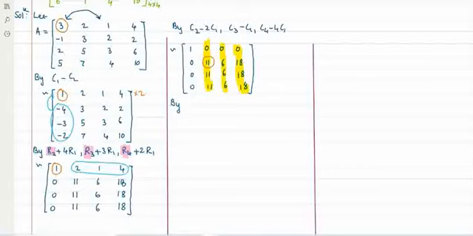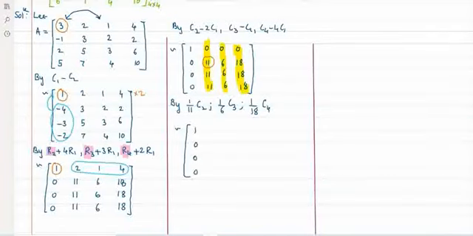So here, 1 upon 11 multiplied by C2, 1 upon 6 multiplied by C3, 1 upon 18 multiplied by C4. So the new matrix, column transformation again: 1, 0, 0, 0, 0, 1, 1, 1, 0, 1, 1, 1, 0, 1, 1, 1. Here only you can guess the rank.